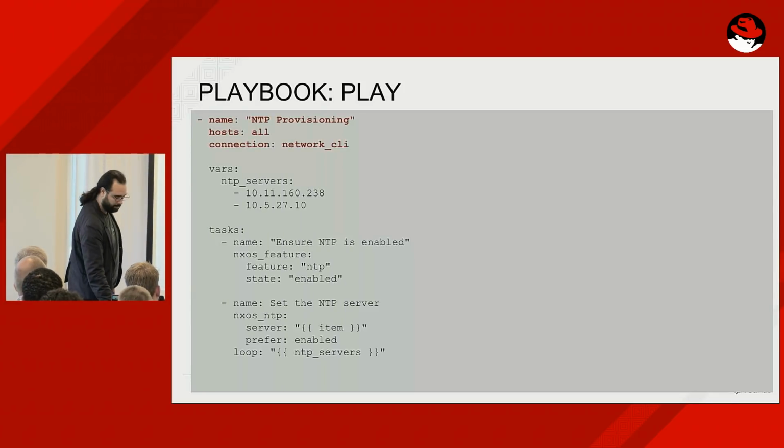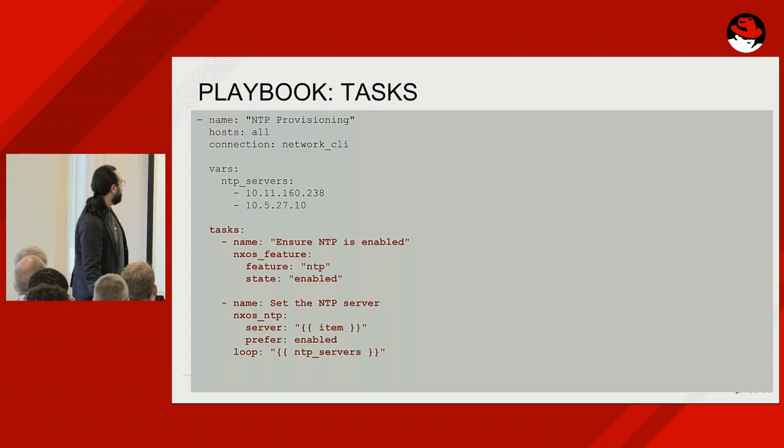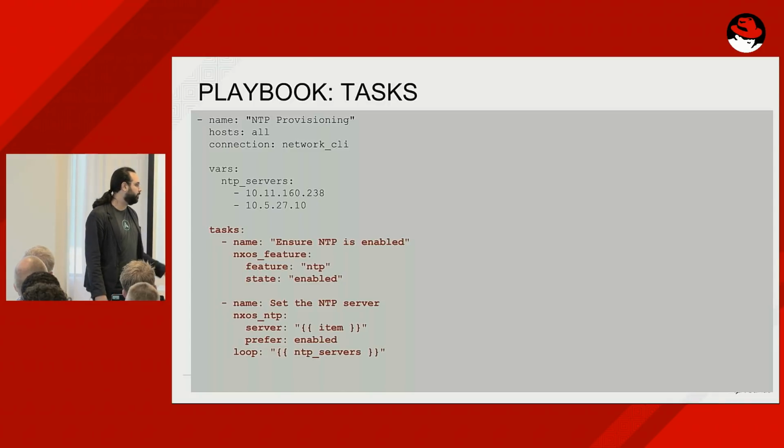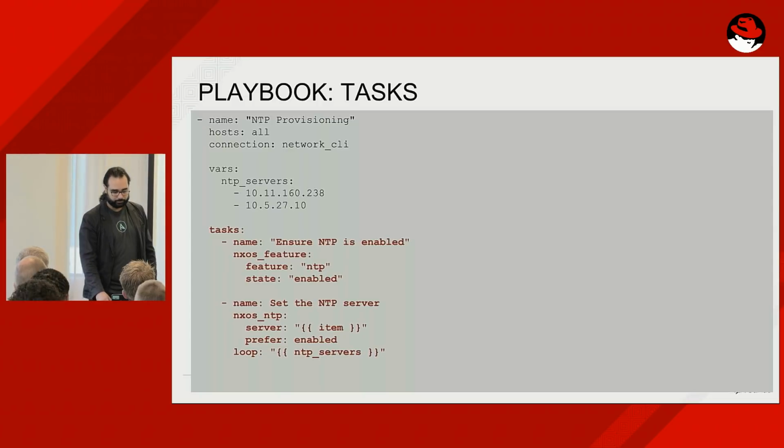Basically, what we have is 2 NTP servers and 2 tasks. One to ensure that we have the NTP feature enabled at the NXOS, and another one to ensure we have the NTP servers configured.